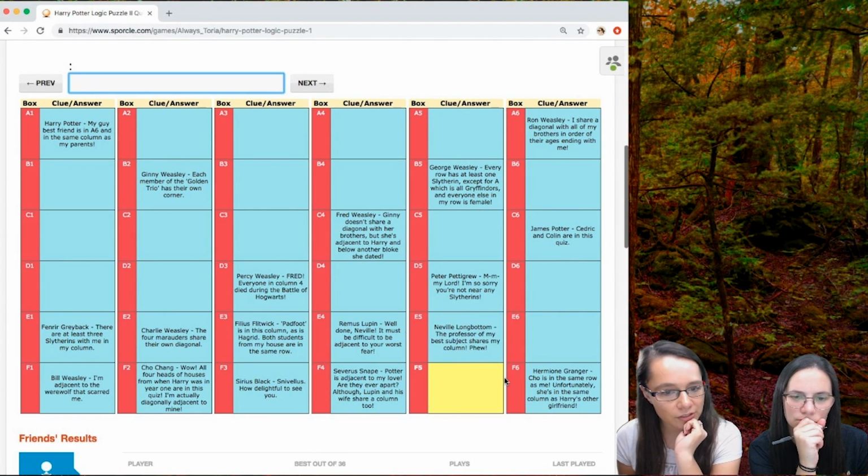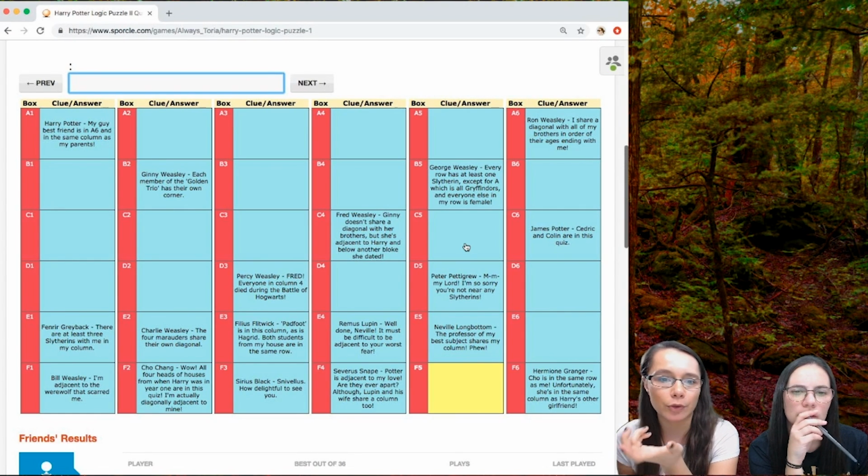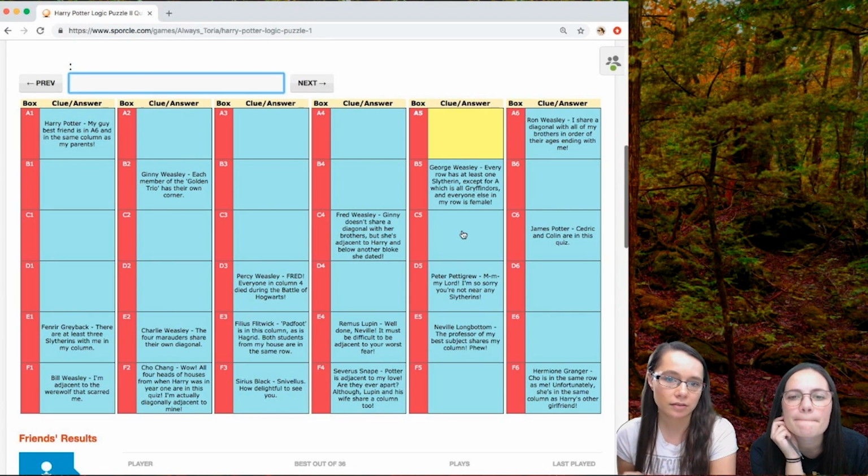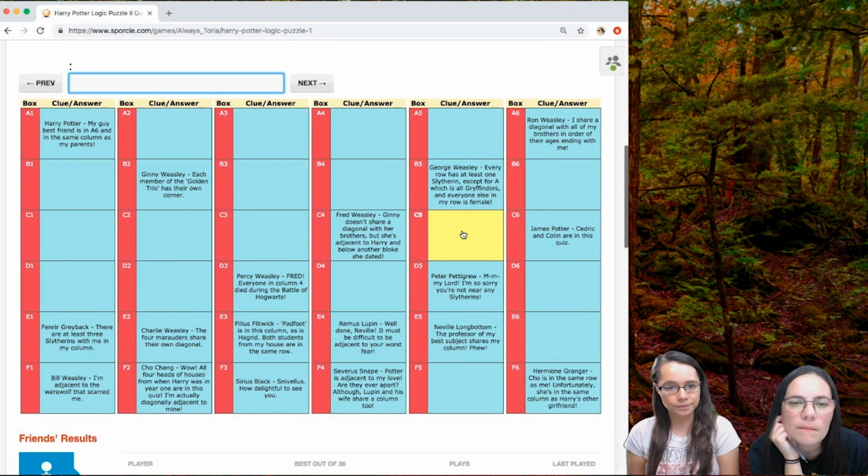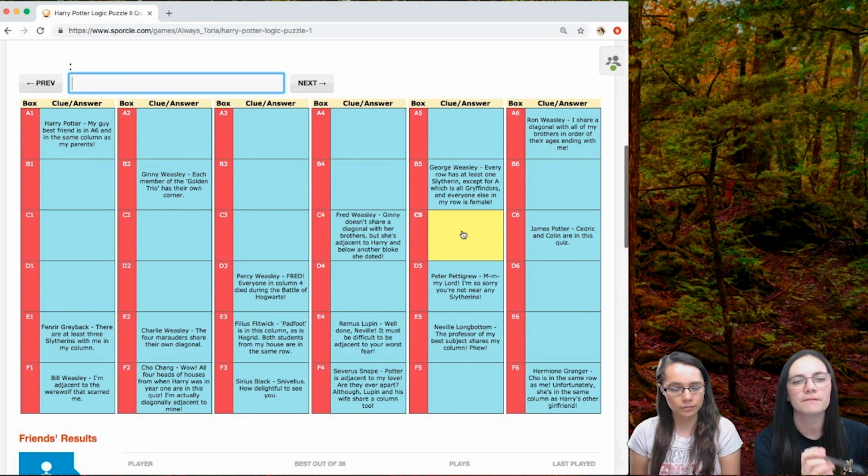Yay. The professor of my best subject shares my column. So that makes Sprout one of these. Everyone else in B4 is female. I think B4 is Tonks, the only female who died at the Battle of Hogwarts.